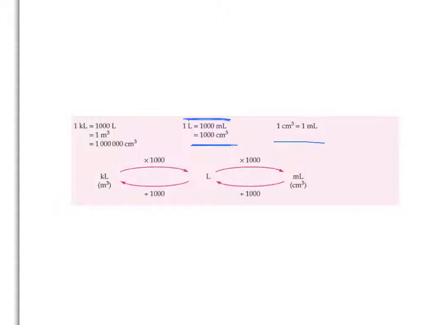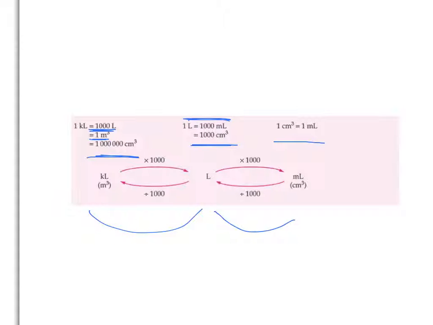So 1 kiloliter is 1,000 liters, which is equal to 1 cubic meter, which is equal to 1,000,000 cubic centimeters. So this one I've also printed for you, so come and get them both from me and put them in your book. You're going to be using it quite a lot to make sure you're converting correctly. You don't want your answer to be in the wrong spot.